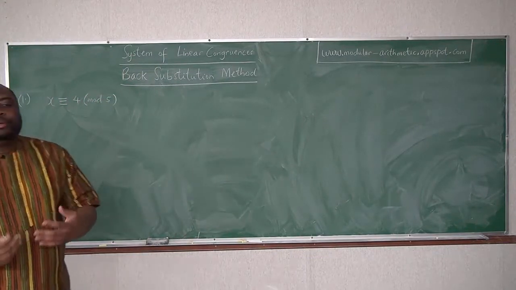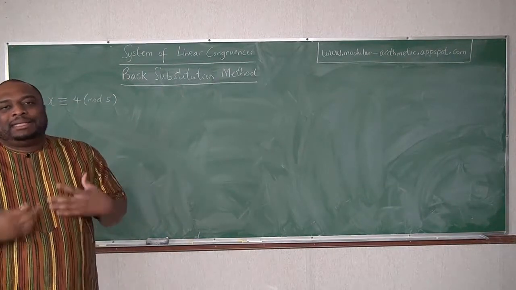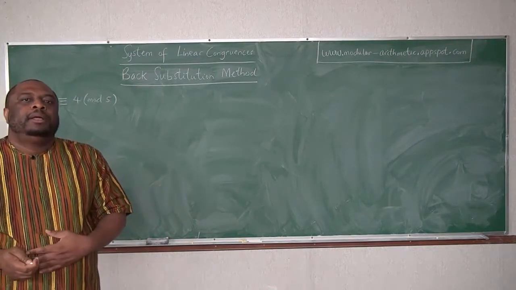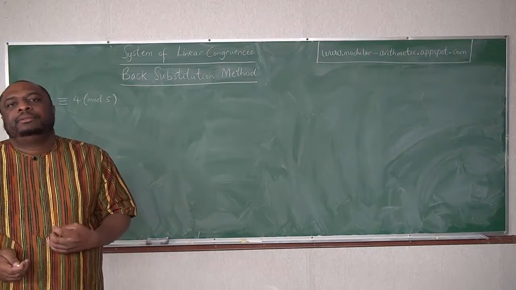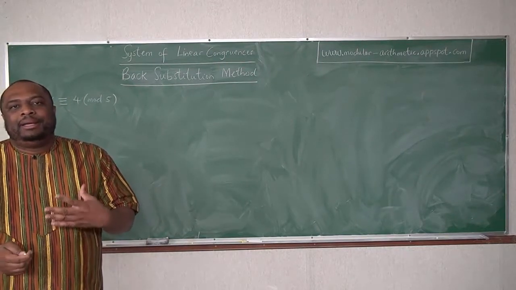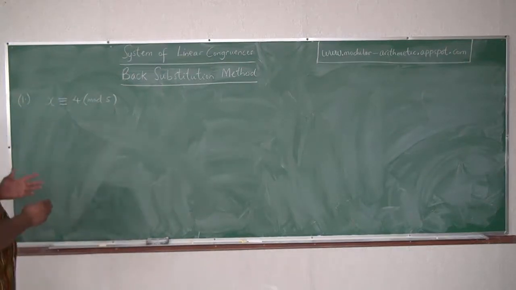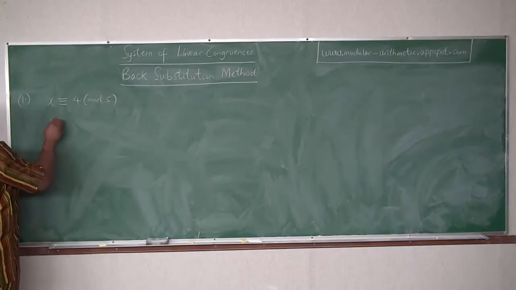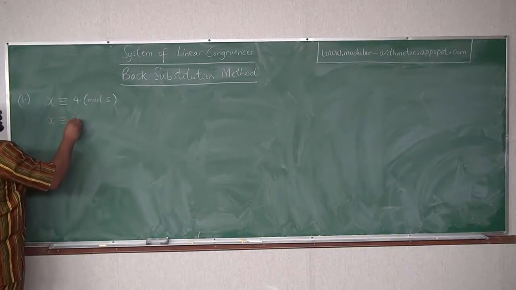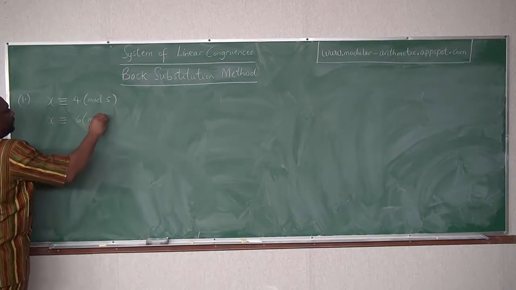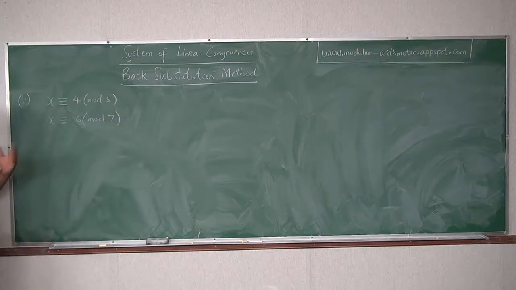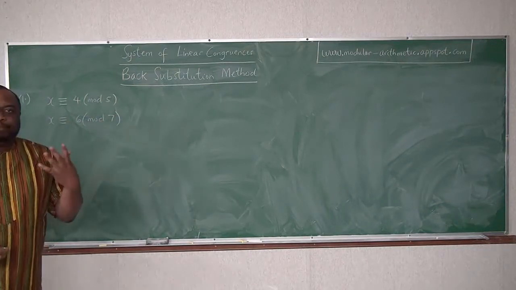And when you divide that same number by 7, the remainder is 6, so x is congruent to 6 in mod 7. What is the number? What is the positive integer?